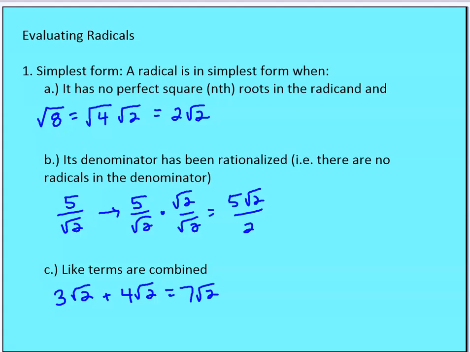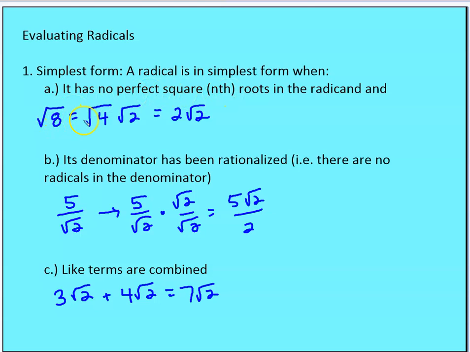All right, so simplest form, and we're going to go through this at a later date when we talk more specifically about complex numbers. Simplest form of a radical is it has no perfect square roots or nth roots. We'll talk about nth roots in pre-calculus, but for this class it'll just be perfect square roots.